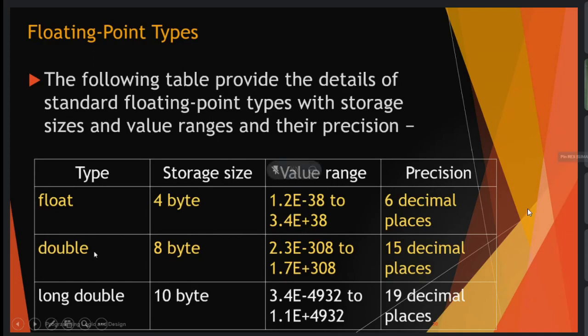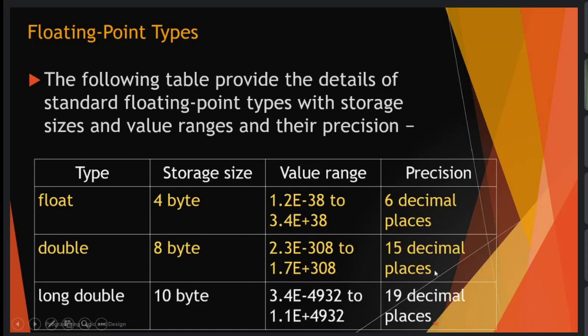Now for double, as you can see, the range of double is bigger: 2.3 raised to the power of negative 308 to 1.7 raised to the power of positive 308.